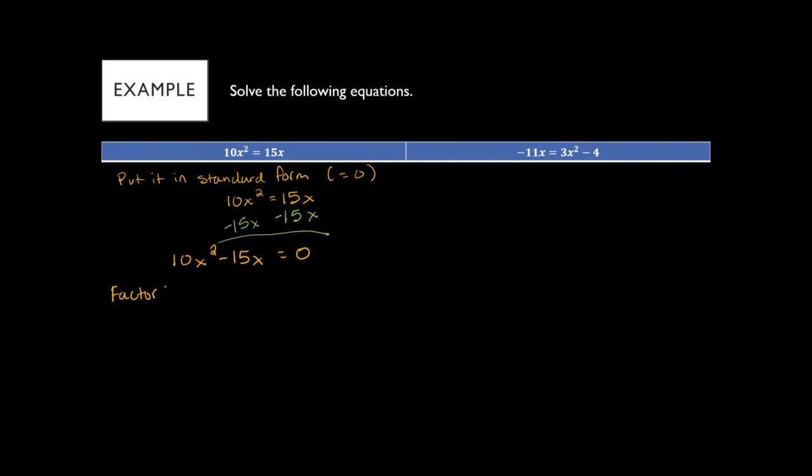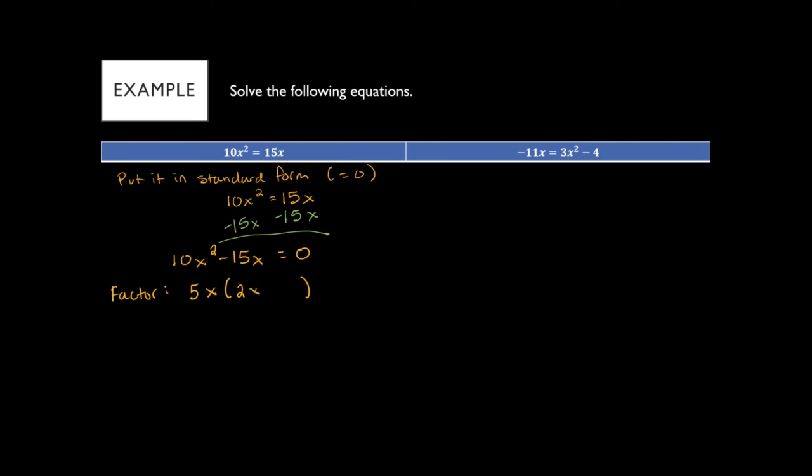Step 2 is to factor this. So this is two terms, and this means that we factor with the greatest common factor here. So the largest number that I can divide out of 10 and 15 is 5. And then I can also remove an x from both of those. So I'm going to have a 5x in front. And then 10 divided by 5 is 2.